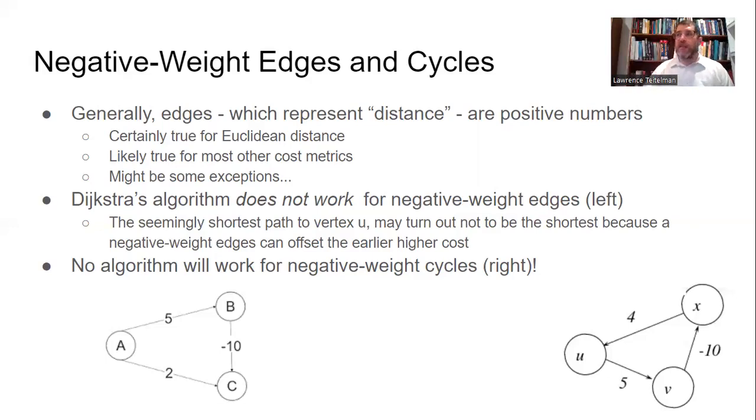Why do they do that? The reason is they assume most people will not be able to resist the temptation. They will go to the casinos, they will spend a lot of money, and it won't be a negative weight edge. It won't be a negative weight cycle. That's what they're hoping for. But it's possible that if you have a negative weight cycle, you could just keep doing that over and over again and accumulate all that negative weight.